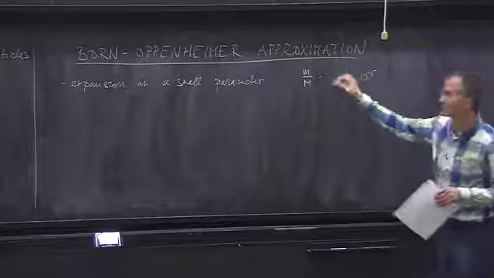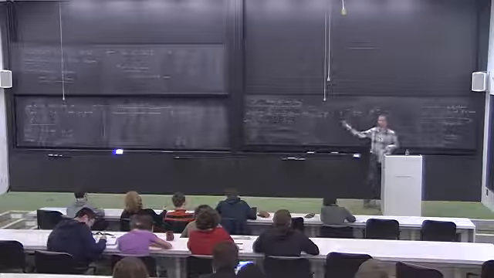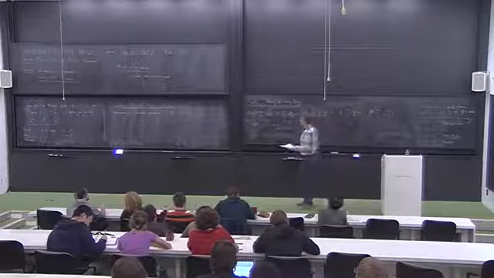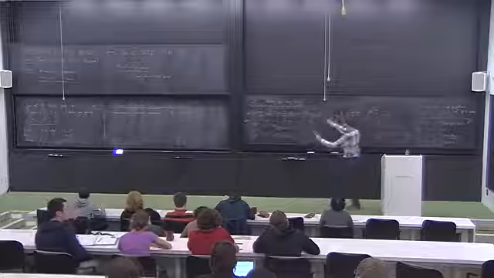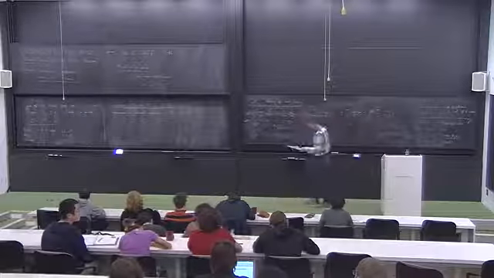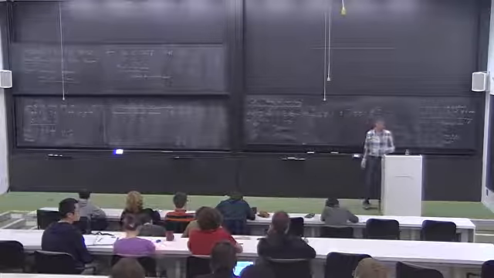So in a hydrogen atom, it would be roughly 1 over 1,000. In some heavy metal like lead, it would be smaller. And in this approximation, like I said, it is possible to separate the motion of ions from the motion of electrons, and that is a very useful simplification of this big problem.